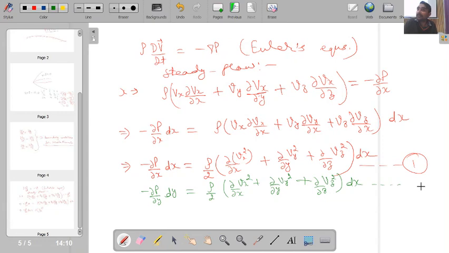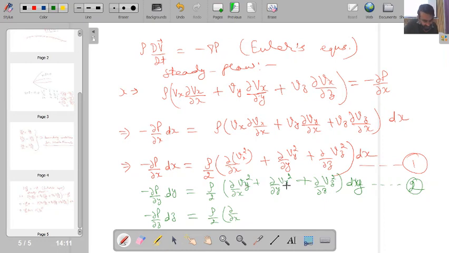Is this point clear? So I will have the y momentum equation. Similarly, I can write down the z momentum equation, that will be minus del p by del z dz, equal to rho by 2 into del by del x of, sorry, I have made a mistake here. This should be y square.